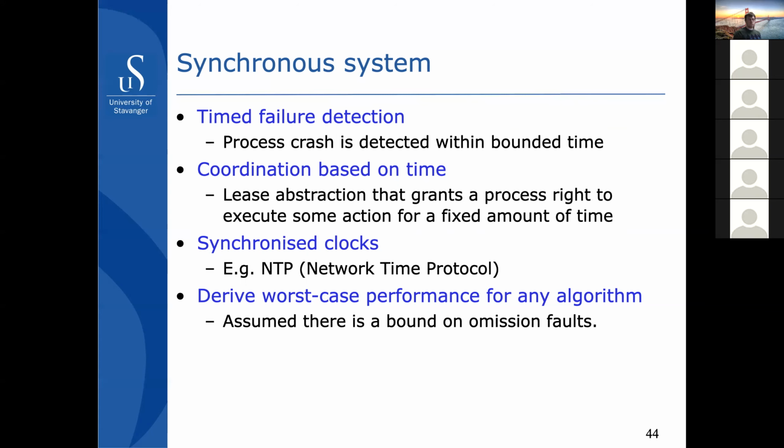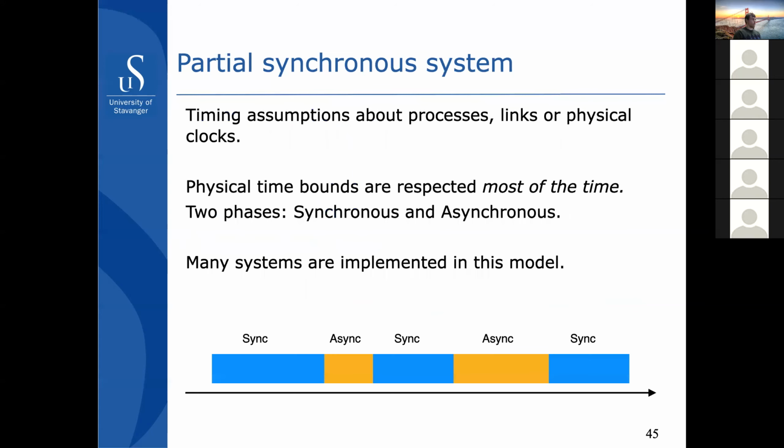So in the real world, most often we will have a partial synchronous assumption, a partial synchronous system, meaning that the system is usually behaving synchronously, and then there are some time periods where it's asynchronous.